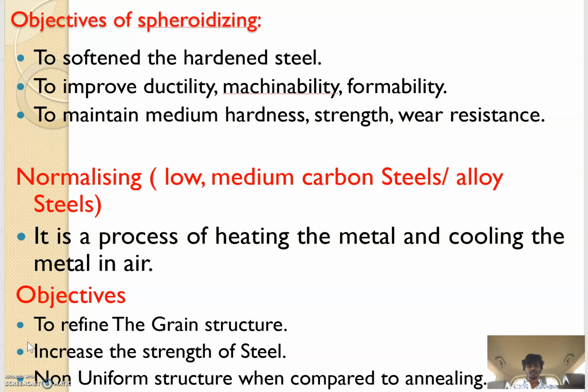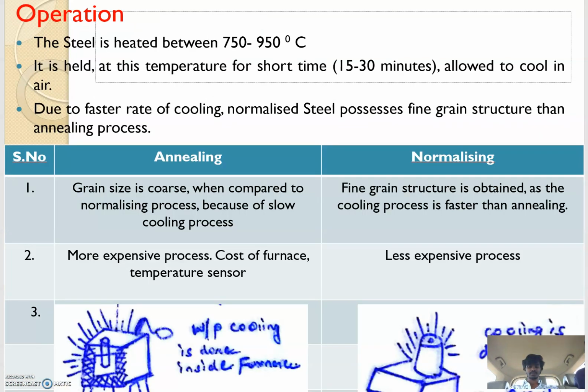Normalizing. It is a process of heating the metal and cooling the metal in air. Objectives: to refine the grain structure, increase the strength of steel, obtain a non-uniform structure when compared to annealing, relieve internal stress, improve machinability and ductility.